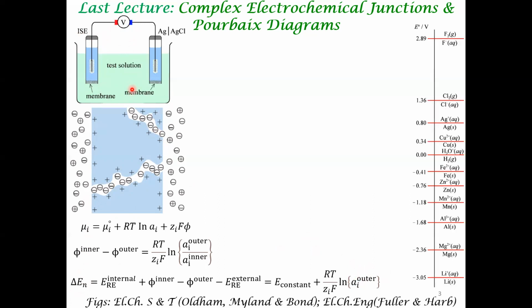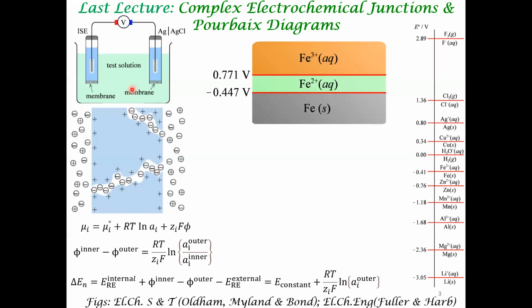Then we move on to certain other aspects of the electrochemical table, the series of electrochemical potentials that you often see in many electrochemical textbooks. We introduce additional complexity, wherein a particular element, in this case iron, can exist in more than one charge state. In this case, it can exist as Fe2+ and Fe3+.